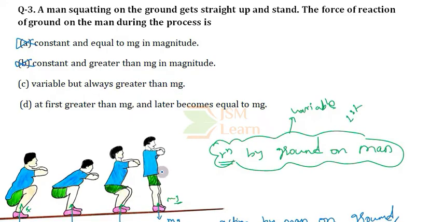It is not true, because we have seen that the reaction force is not always greater than mg. At the final instant, when the man attains his standing position, the reaction force by the ground on the man becomes equal to mg, which is not greater than mg. So option C is wrong.